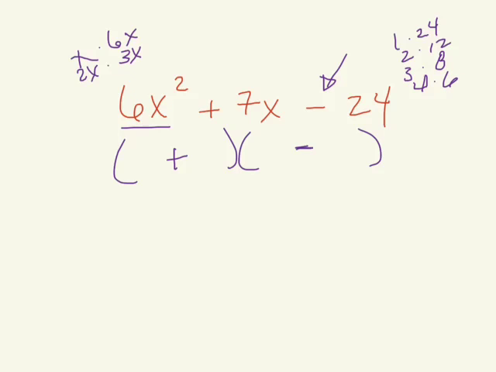Okay, so that's it. Usually I do not put the signs in there, and I did in this case. I'm going to take these signs out. So what I said was, okay, this is going to be 2x and 3x. I'm going to use these right here, and I'm going to use these right here. So 2x and 3x go in these first terms.